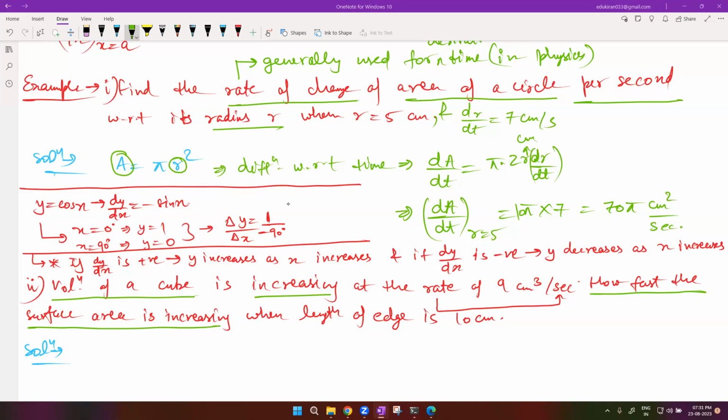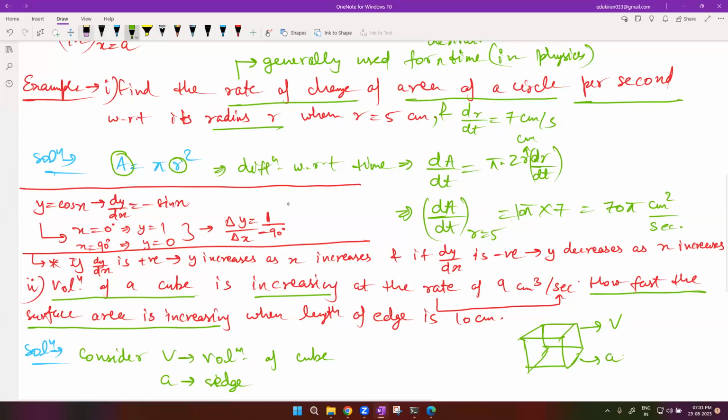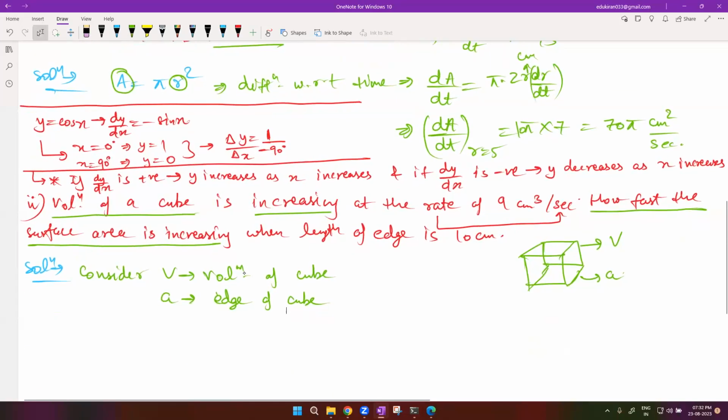It only means that, let's say, the volume of the cube is V, and the side, the edge of the cube is A. Now, if we know that V is the volume and A is the edge, then we know how to write the volume of a cube in terms of A, right? How to connect V and A.